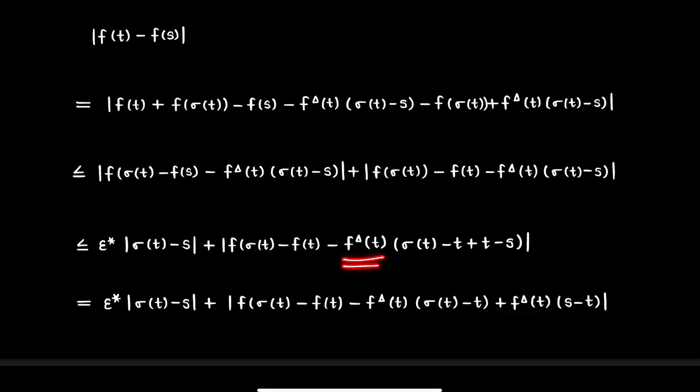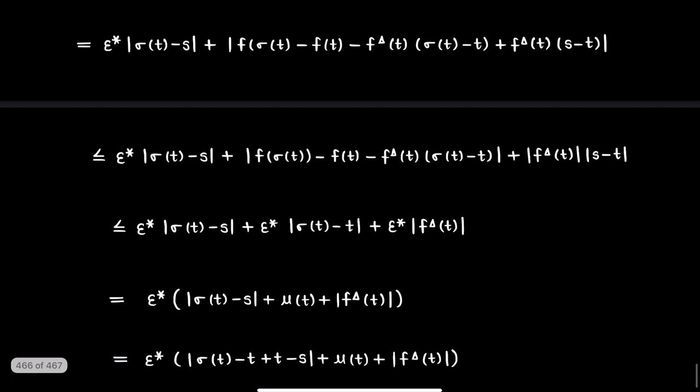So we have multiplied this f delta t to both these terms by taking minus from here. So we get this whole term. Again this will be less than or equal to epsilon star multiplied by sigma t minus s plus f of sigma t minus f of t minus f delta t multiplied by sigma t minus t, its modulus, plus modulus of f delta t multiplied by s minus t.